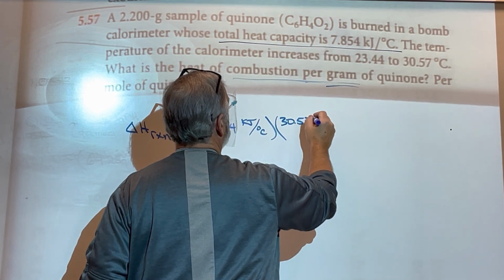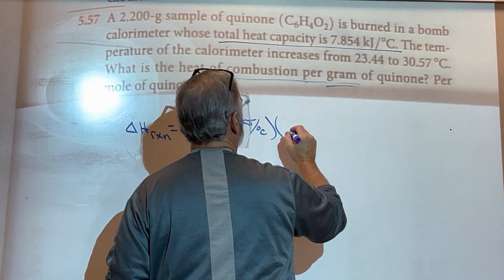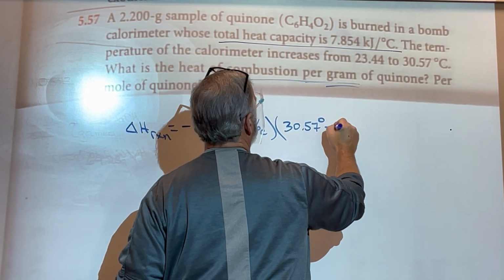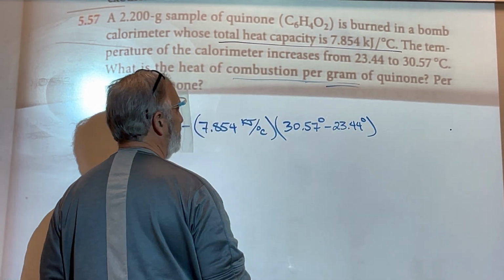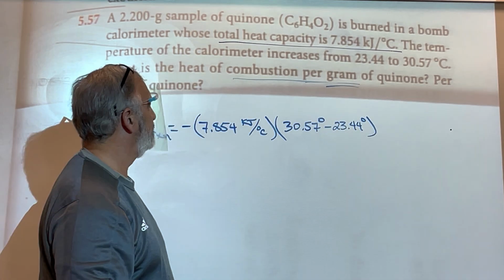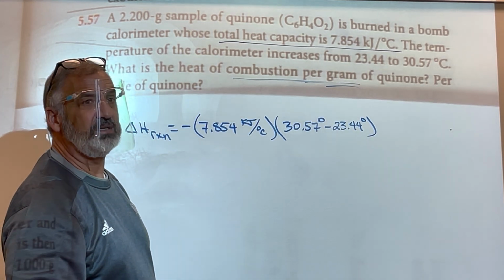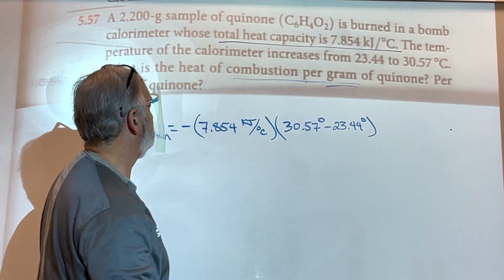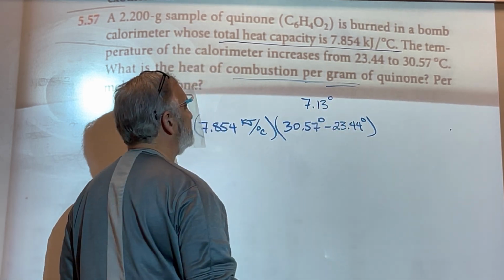Why did I raise it up? 30.57 degrees minus 23.44 degrees. And that turns out to equal 7.13. Is that right? Yeah, 7.13. So that's my delta T.